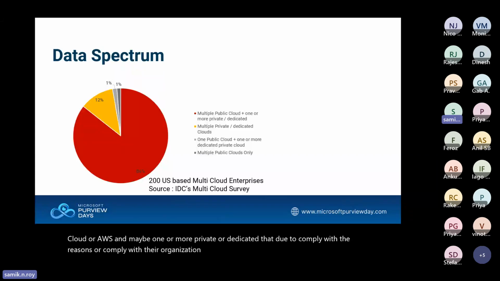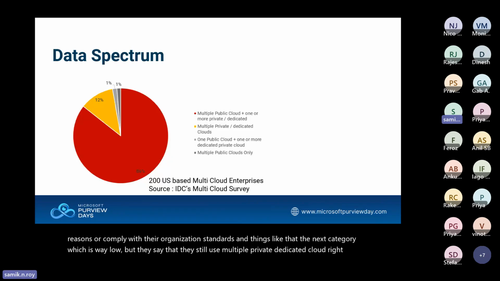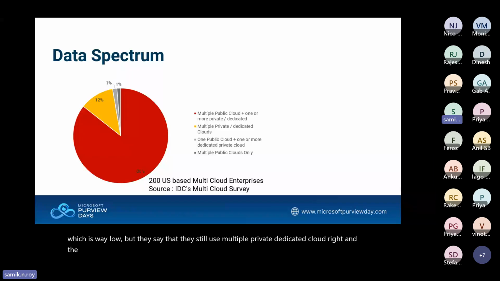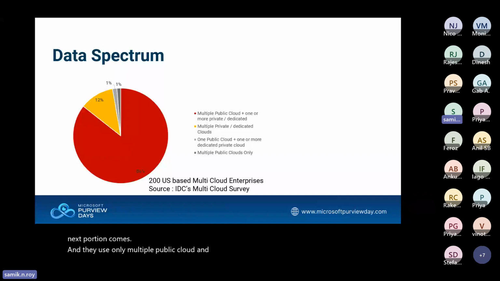The next category, which is way lower, says that they still use multiple private dedicated clouds, right? And the next portion uses only multiple public clouds and one or more dedicated private clouds. And the last category, which is smaller, uses multiple public clouds only.